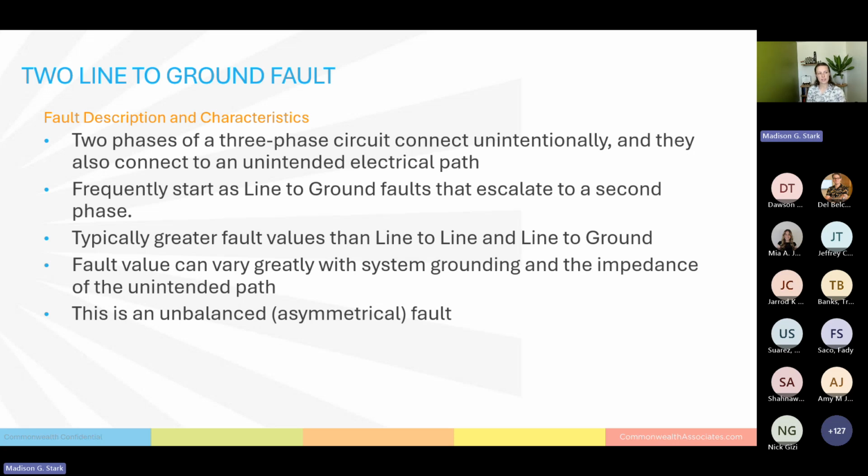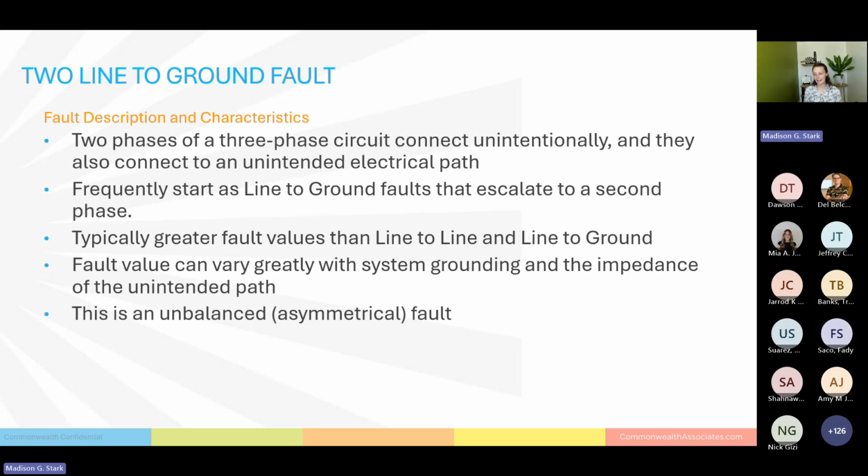The next fault is the 2-line to ground fault, which again is exactly what it sounds like. This is just 2 phases of a 3-phase circuit that connect unintentionally, and then they also connect to an unintended electrical path to ground. This frequently can start as a line to ground fault that then escalates to a second phase, or even as a line to line fault that then connects to ground. These are typically higher fault values than what you see in a line to line or line to ground fault.